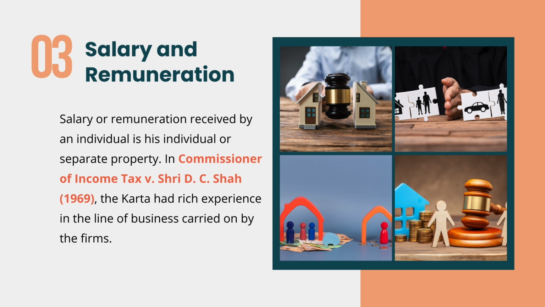Then there are salary and remuneration. Salary or remuneration received by an individual is his individual or separate property. In Commissioner of Income Tax versus Shri D.C. Shah, 1969, the Karta had rich experience in the line of business carried on by the firms.